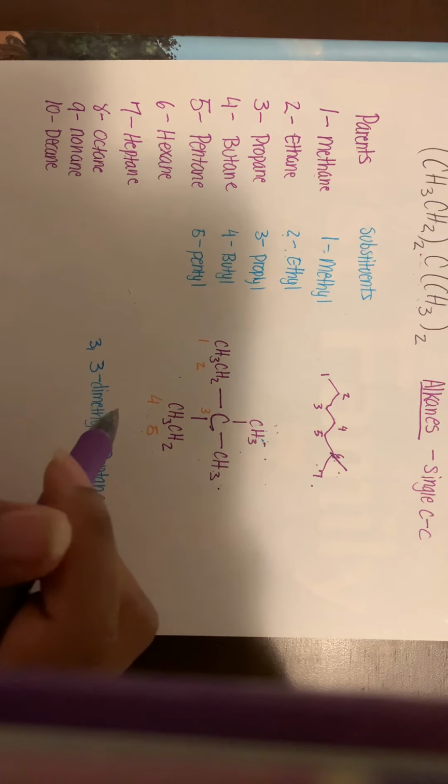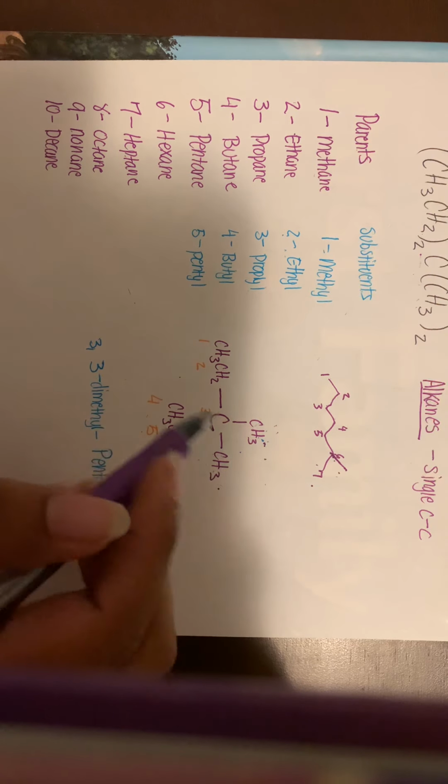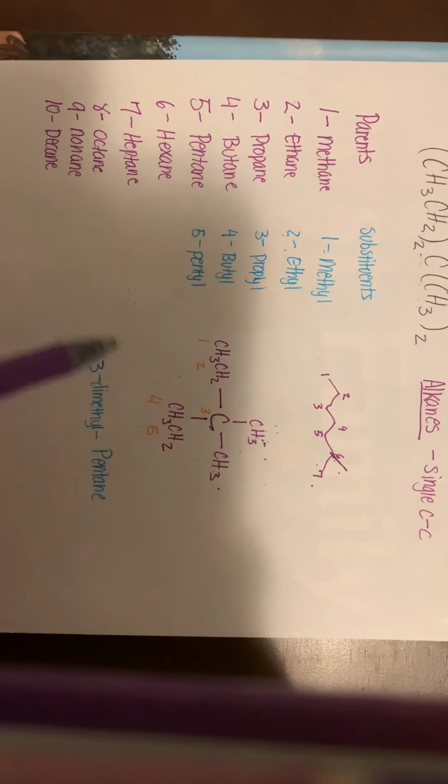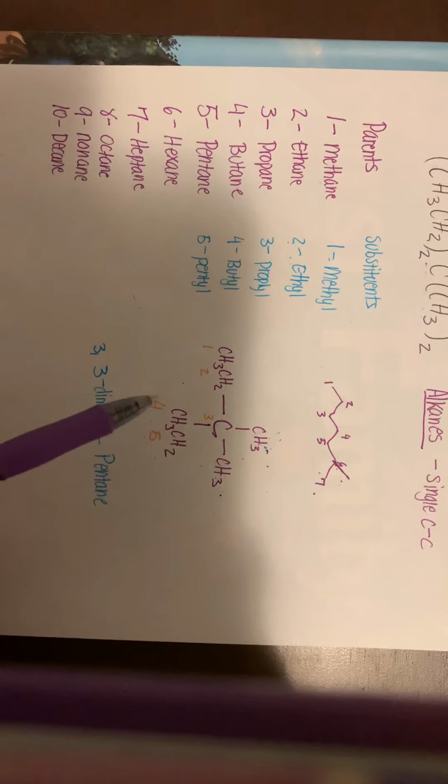Substituents always come with numbers, and those numbers are their locants. Basically, what carbon is this branching from? Since you already numbered it, it's easy to see that both of them are coming from the 3rd carbon. So you do 3, 3, because there are 2 of them, and then dimethyl.